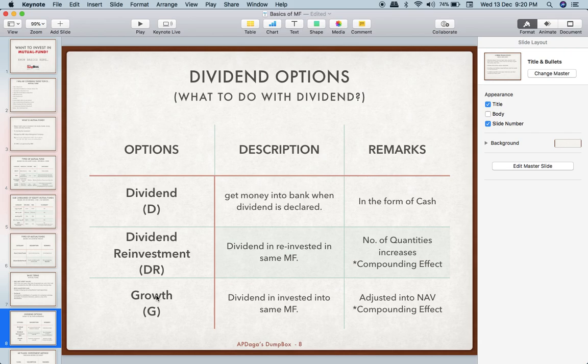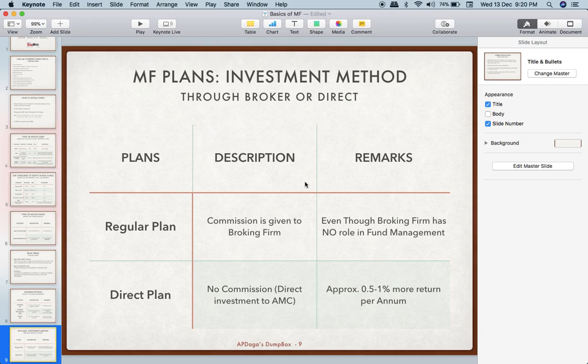That doesn't happen in the growth option. So growth option is better because it has compounding effect. It depends, though; for different people different options are suitable.